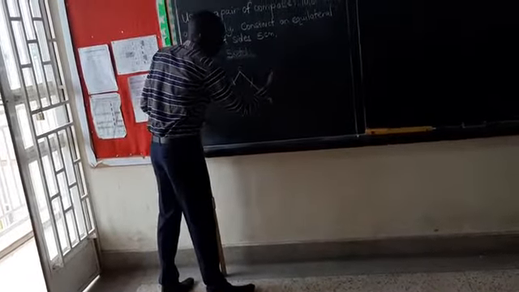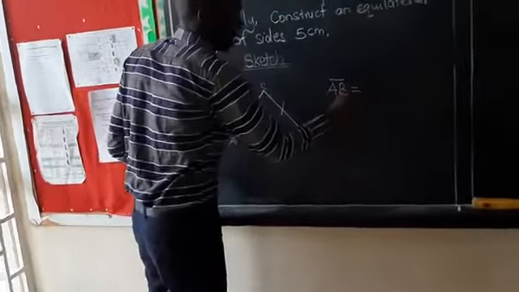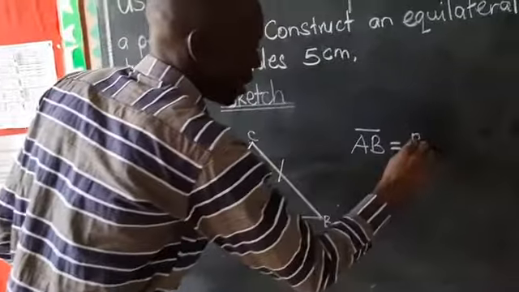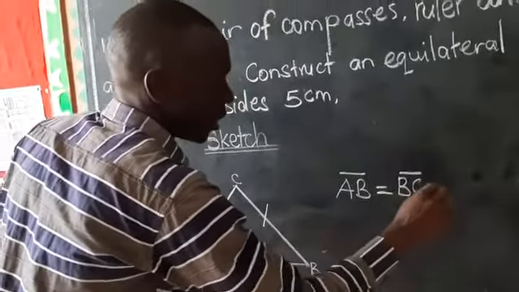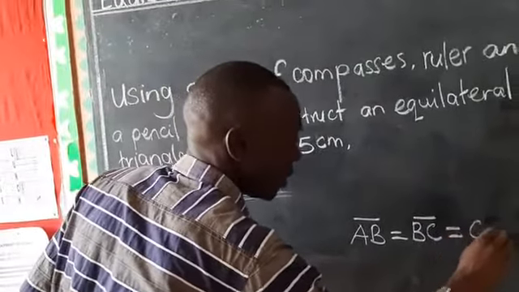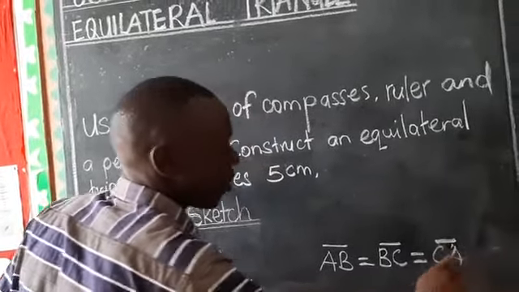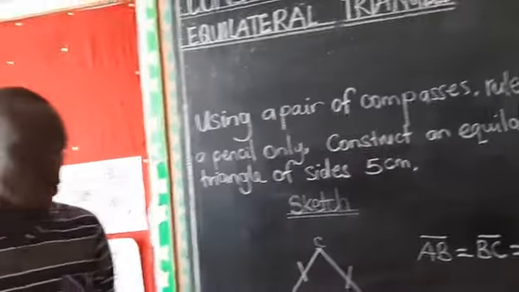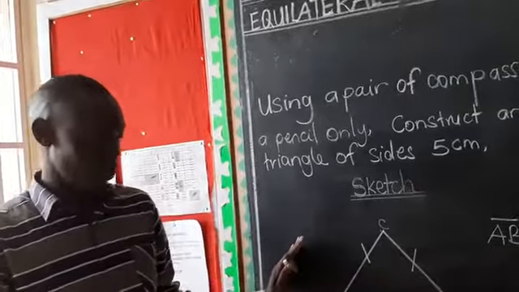The line AB will be equal to line BC. It will also be equal to line CA. So all the three lines are going to be equal. So this is our sketch.